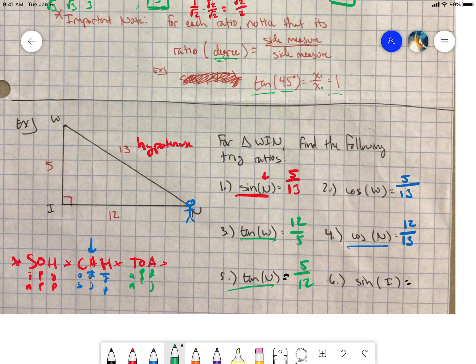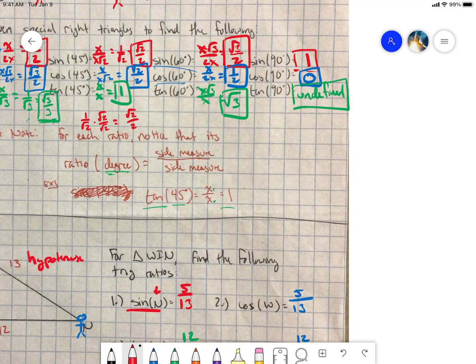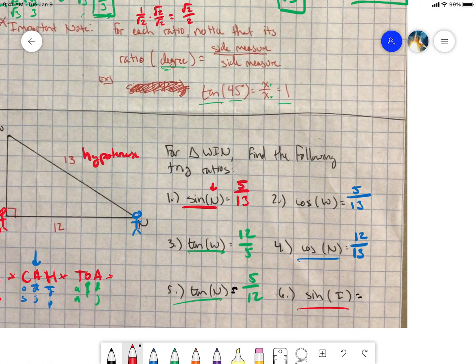Perfect. And then let's look at the last one, which is sine of I. Remember, what degree measure is I? It's 90. And what is always sine of 90? 1. A lot that we unpacked there and a lot that we went through. I'm going to go ahead and stop the video, and I'm going to allow you guys to go ahead and work on your assignments for today.